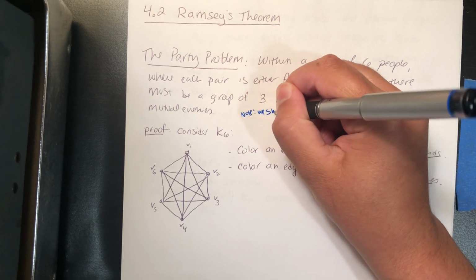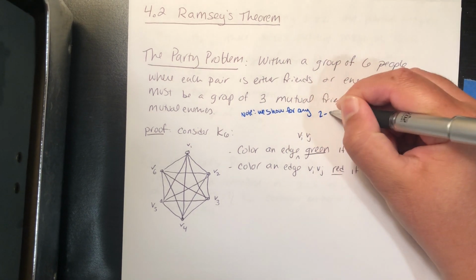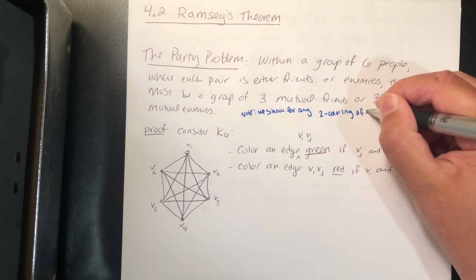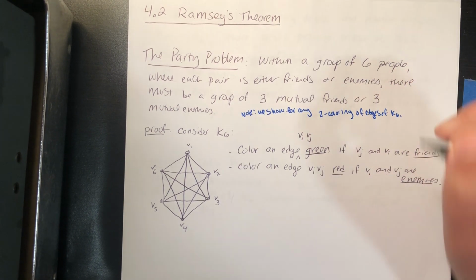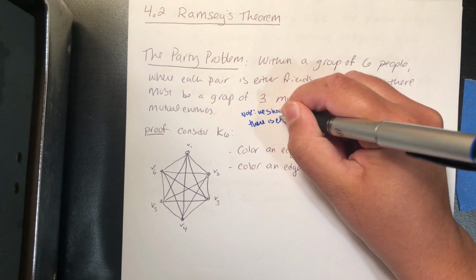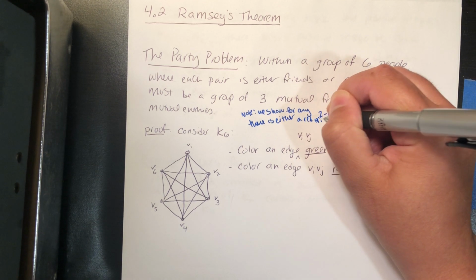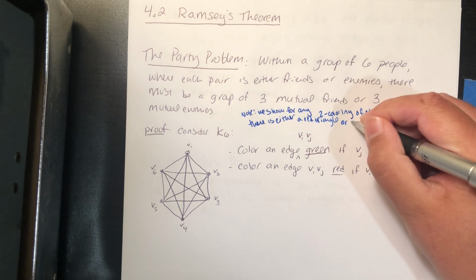We show that for any 2 coloring, because we're using 2 colors, red and green, of the edges of K6, there is going to be a red triangle in there. By triangle, I just mean like a K3 graph, or a green one.